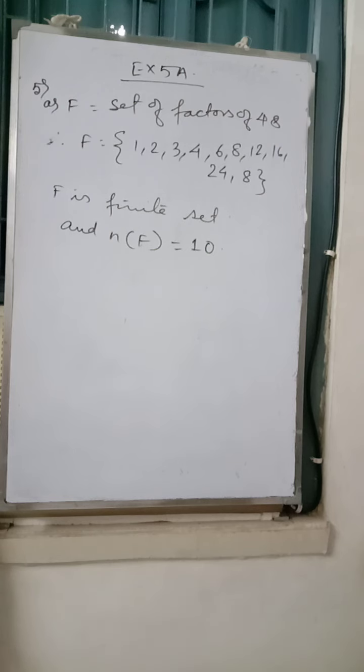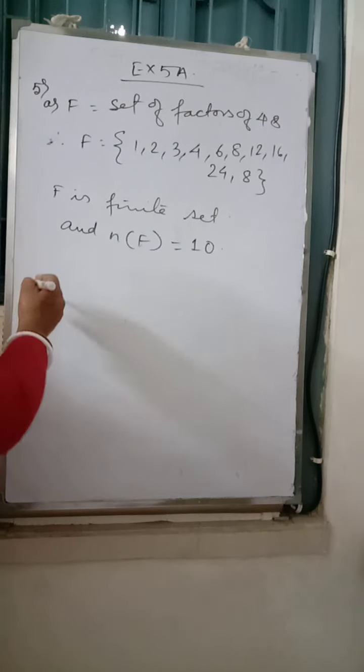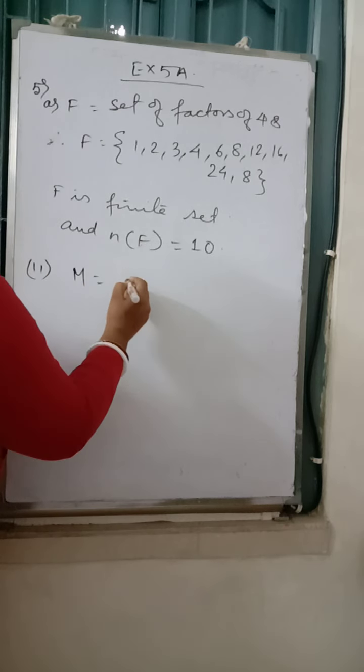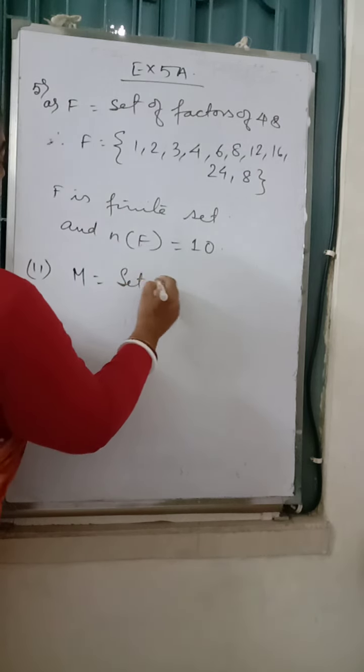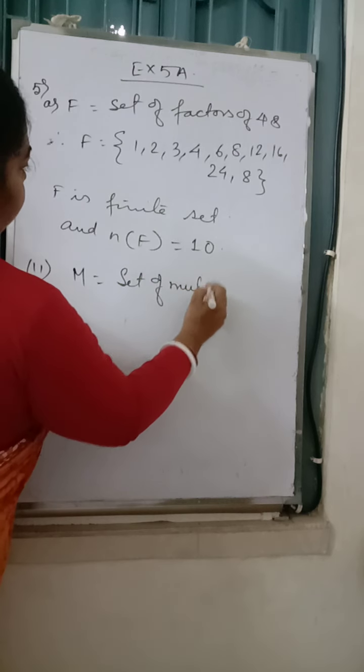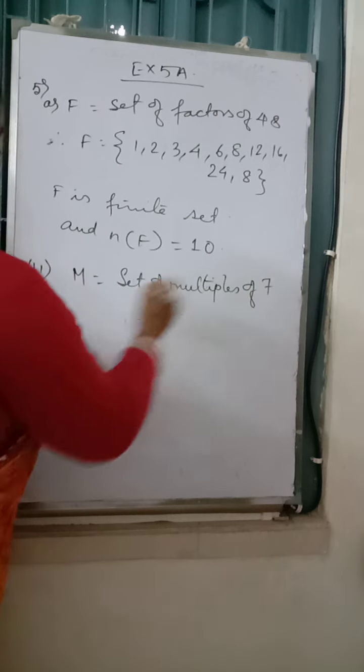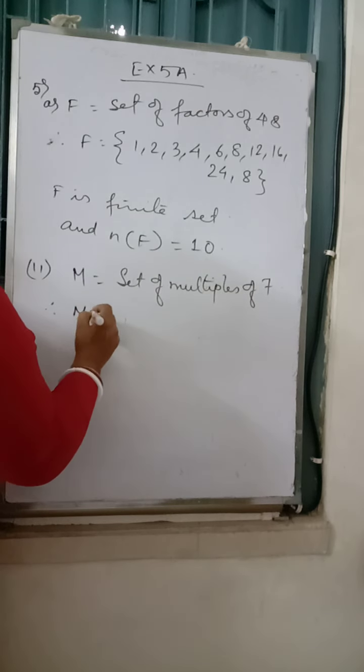Okay. Now you can see question number 5, 2. M is the set of multiples of 7. So what will be the value of M?